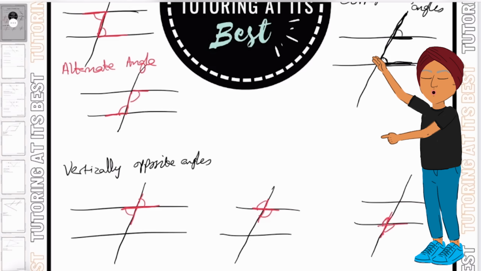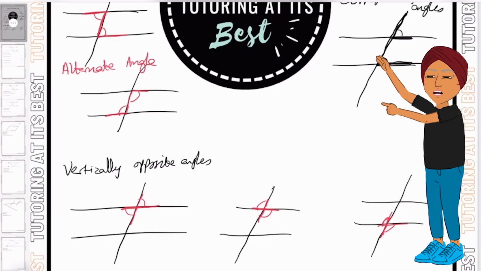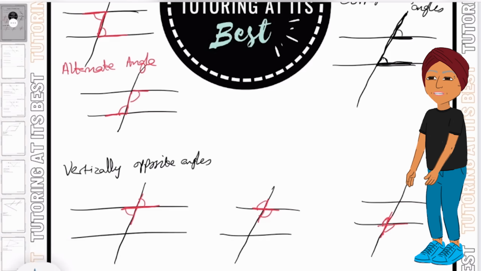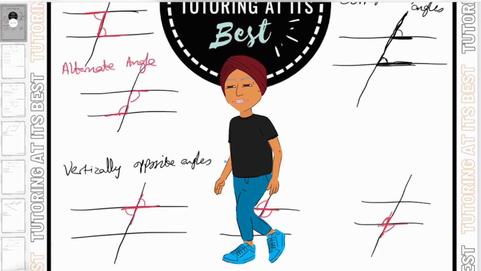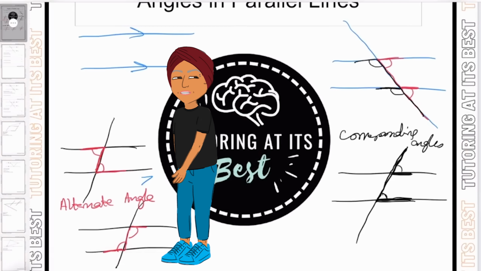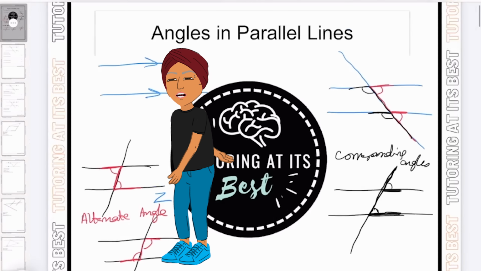I hope you can see how we have different letters working for different angles. So again, we've got an X angle for the vertically opposite. We then have our Z angle for alternate and F angle for our corresponding. And then finally, we have our co-interior angles.